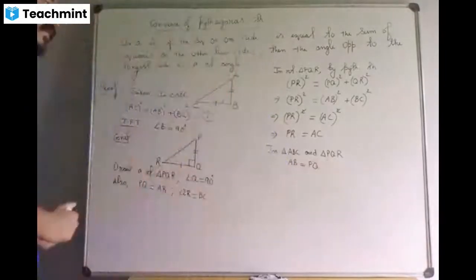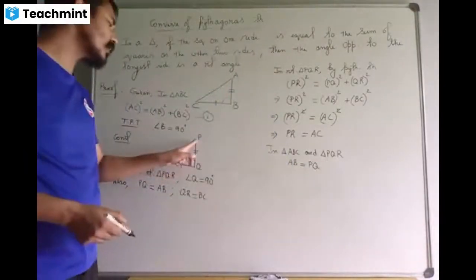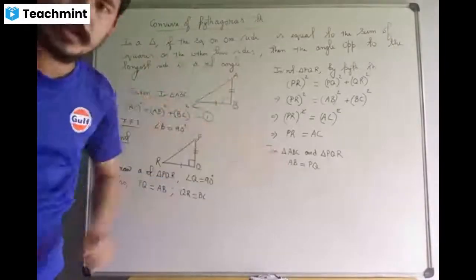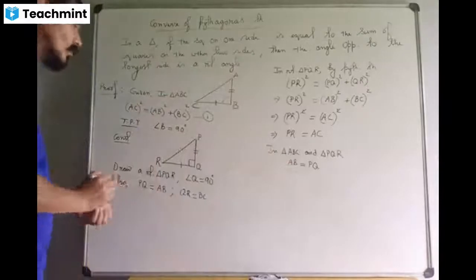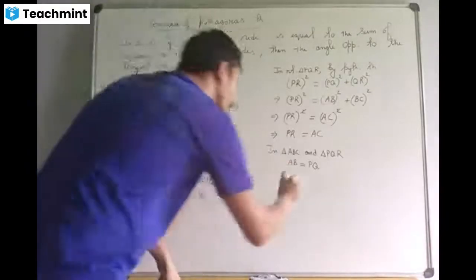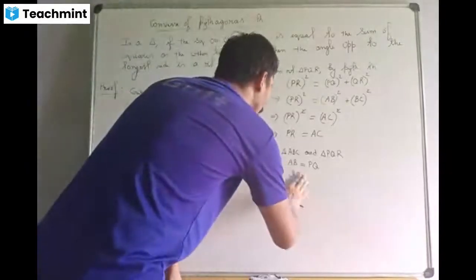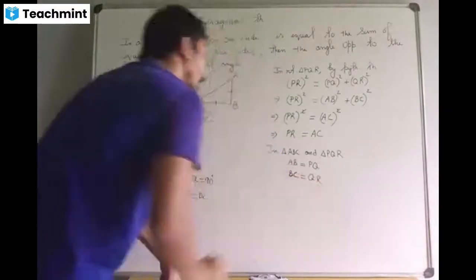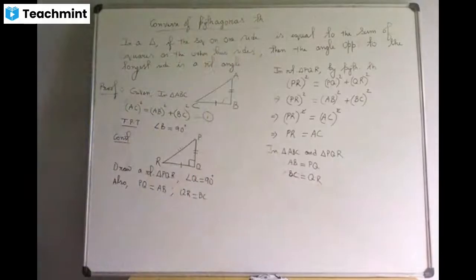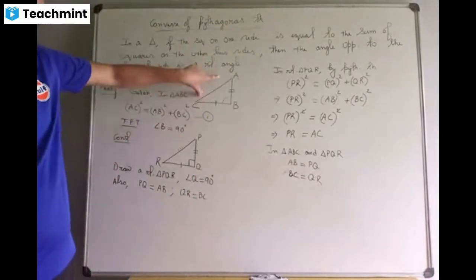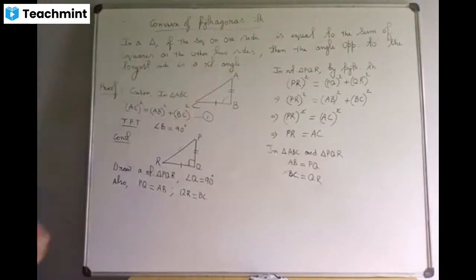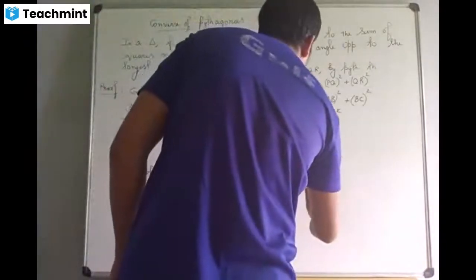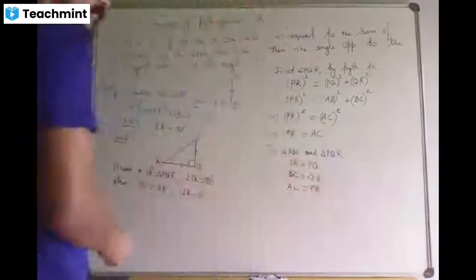That is by construction. We have drawn this triangle in such a way that the length PQ was equal to AB. BC is equal to QR. And now finally we have proved that the third sides are also equal. So we have also proved that AC is equal to PR.